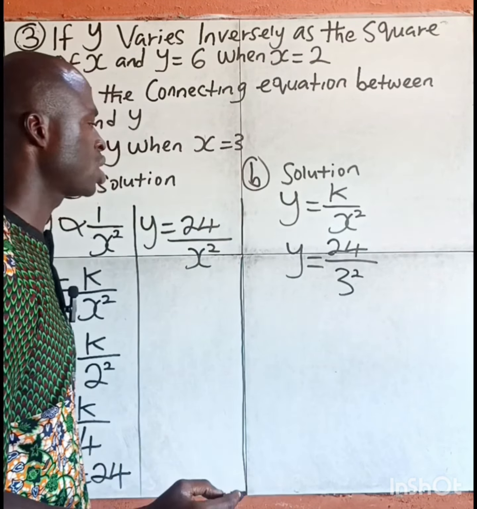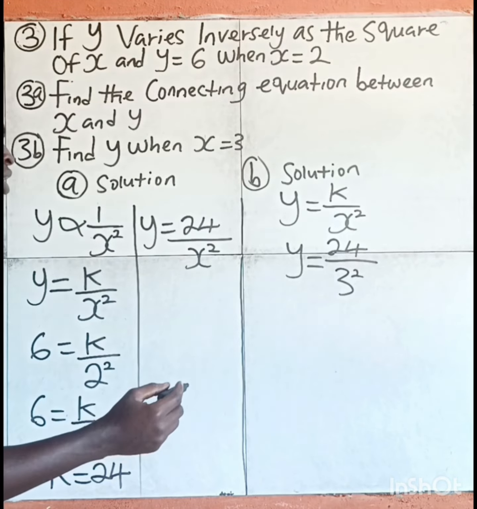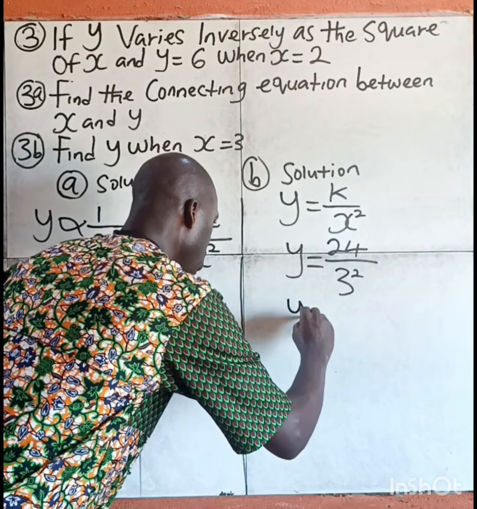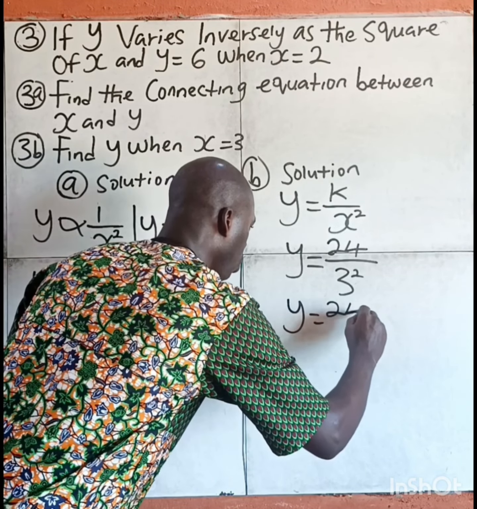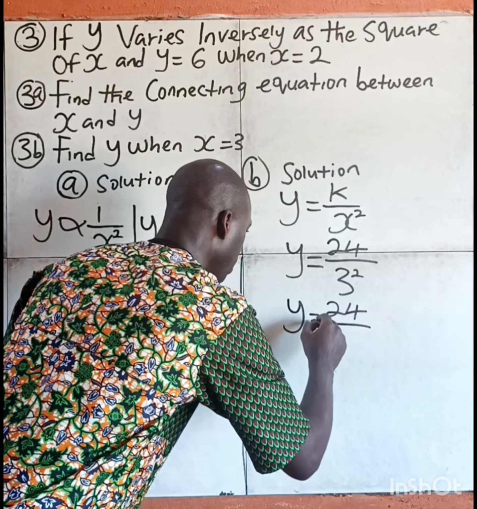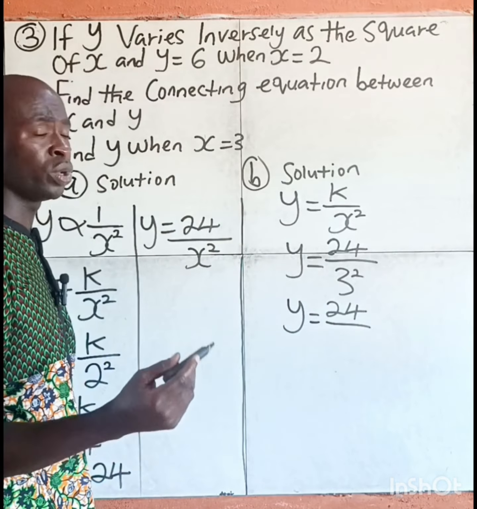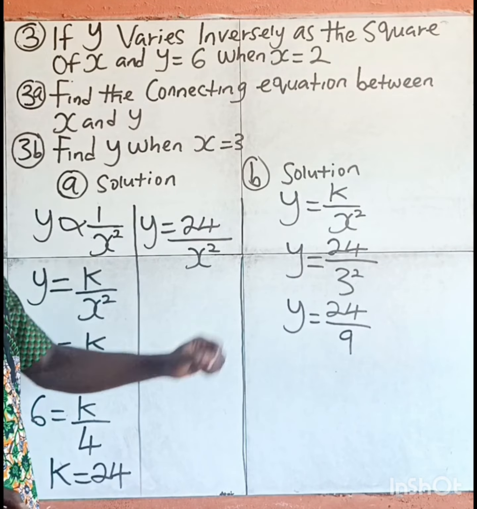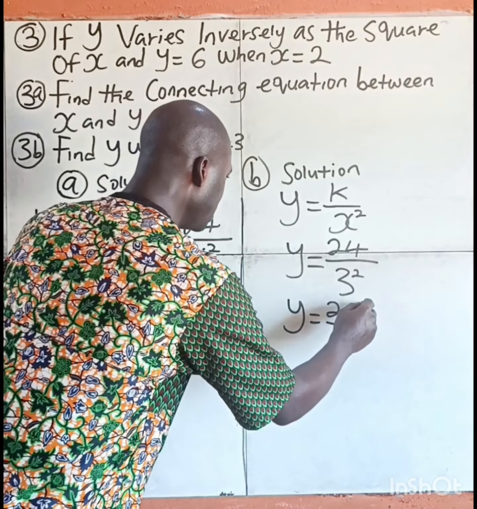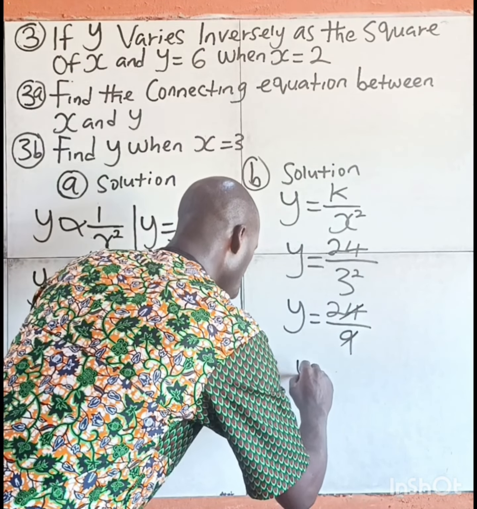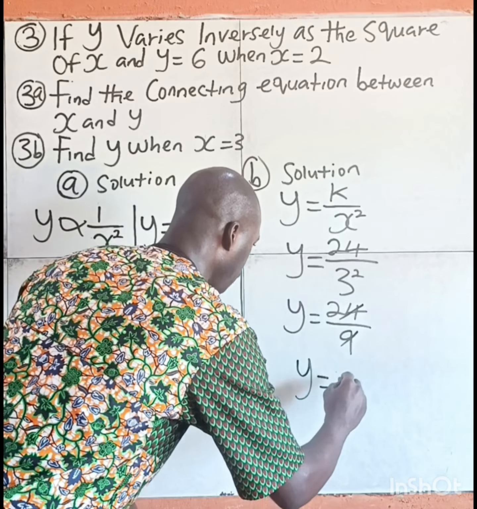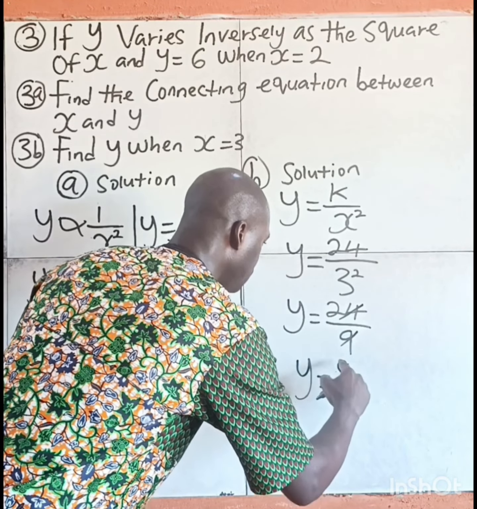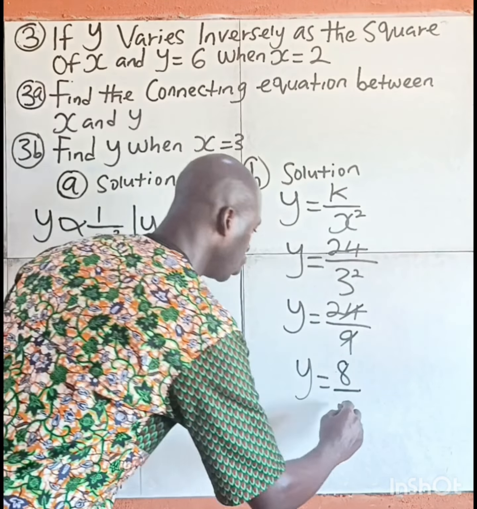So you can clearly see for yourself. So from this angle, what do we do next? Here becomes, we simplify for that. Here becomes y equal to 24 divided by, now 3 raised to the power of 2 will give us 9. So here becomes 9. If we are to reduce this to the lowest terms, 3 here. If 3 should go into 24, we're going to have 8. If 3 should go into 9, we are going to have 3.